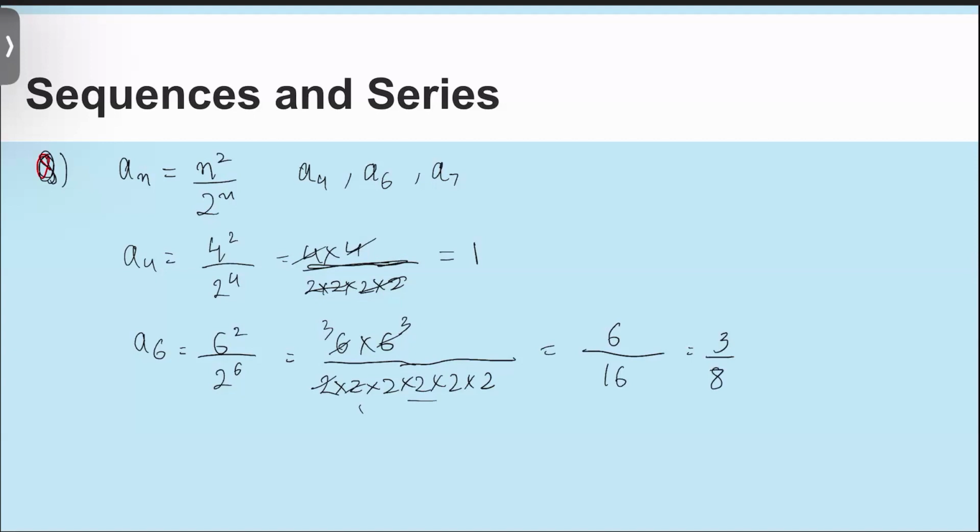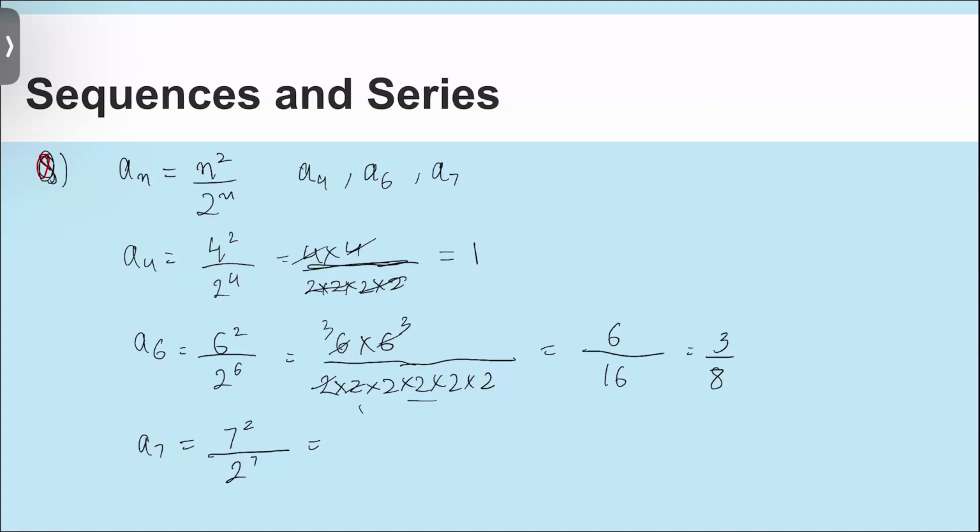Let's take a7. You will have 7 squared upon 2 raised to 7. Now over here we know that 7 squared, obviously 7 cannot be divided by 2 in any way.